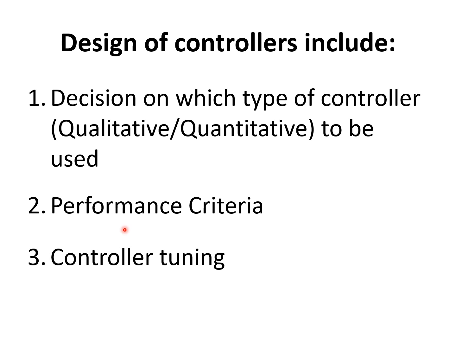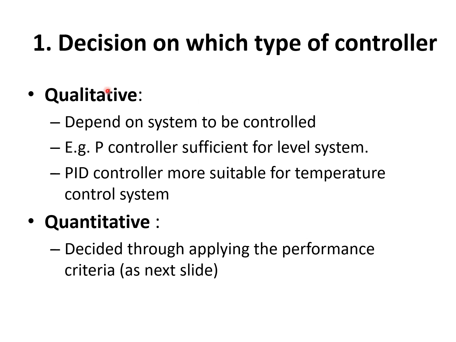So the first, of course, obvious thing to do is to decide the controller you want to use based on a qualitative understanding of the behavior of the controller. For example, we want to see what system we are going to use first of all. If we have a level system, it is possible to just use a P controller, because although a P controller has an offset, for levels a slight offset is not a major issue.